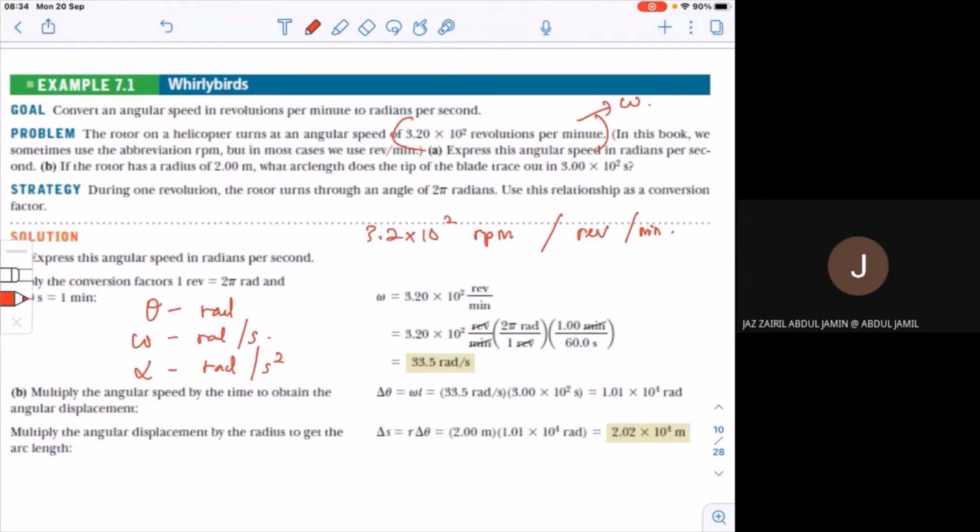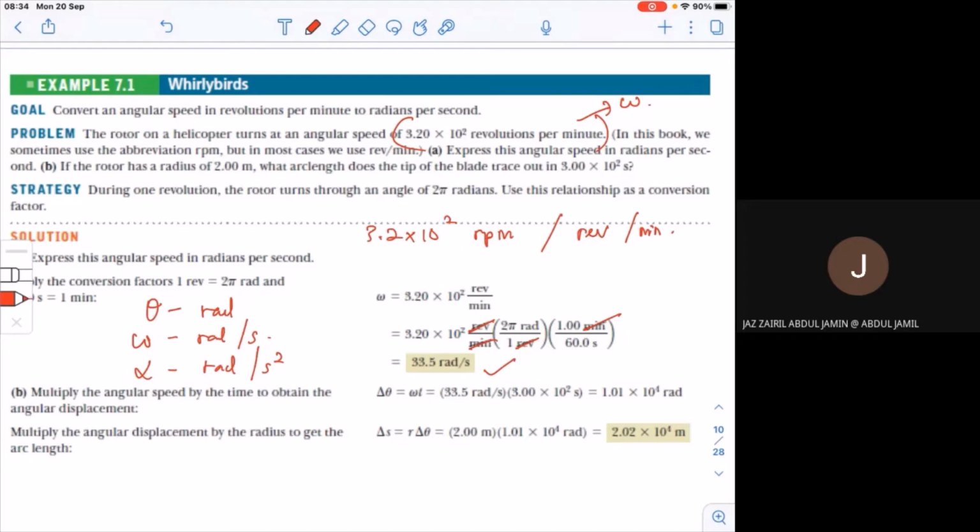One revolution is equivalent to 2 pi radian. You can cancel out revolutions and minute, and 1 minute equals 60 seconds. So 3.2 times 10 to the power of 2 times 2 pi radian over 60 seconds. The answer is 33.5 radian per second.